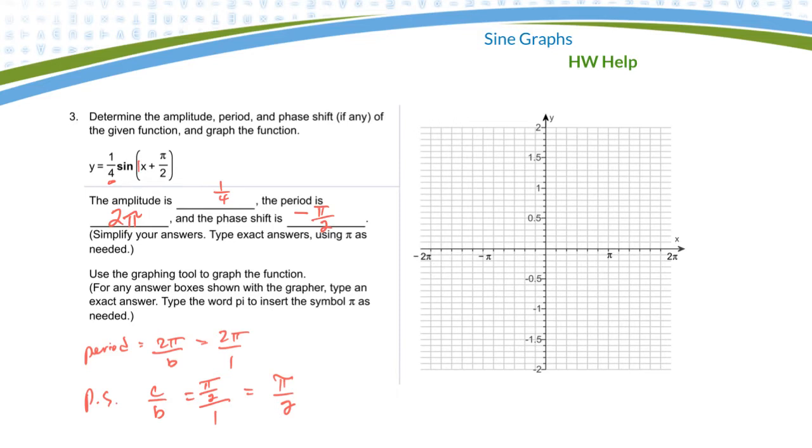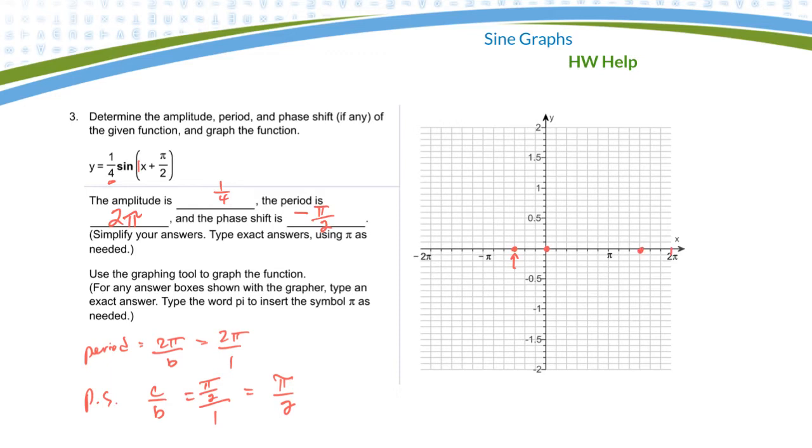So the graphing tool, first thing I would do is it's moving pi over 2 to the left. So instead of starting the graph here, it's starting over there. And then instead of ending at 2 pi, it's going to end right there.